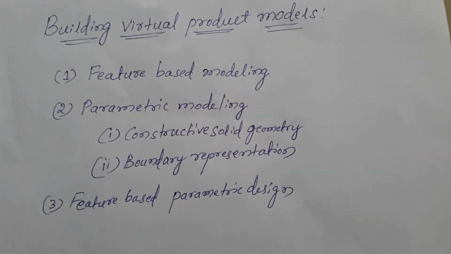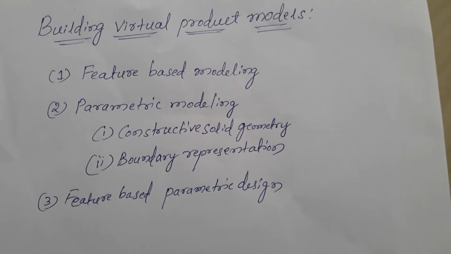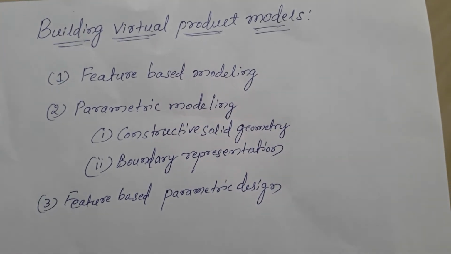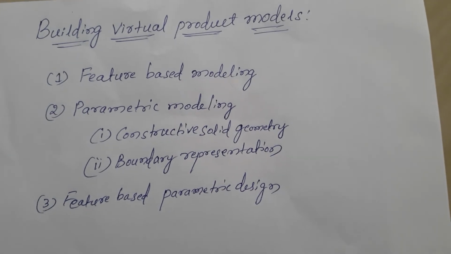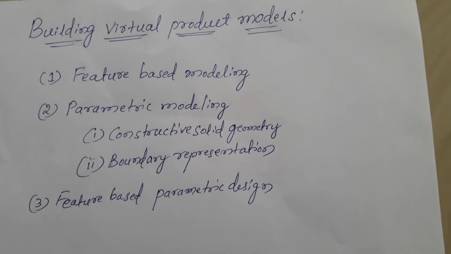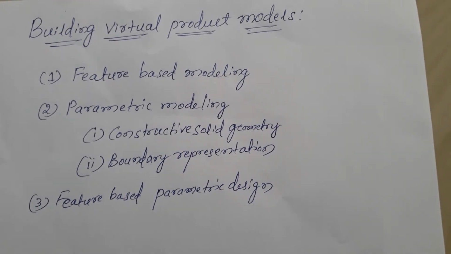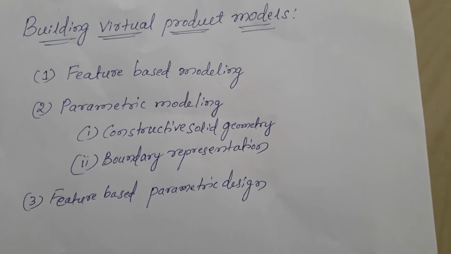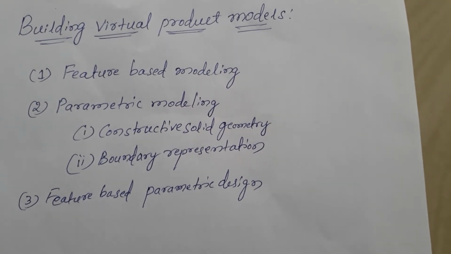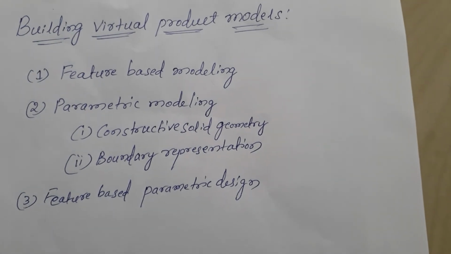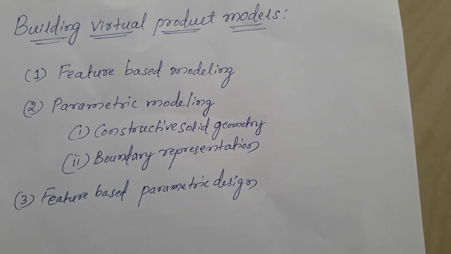Next is parametric modeling. Parametric modeling generally involves building up 3D geometry piece by piece, means single component by single component. This uses 2D sketches, generally involving lines and curves.